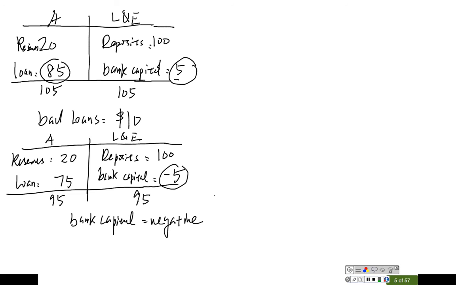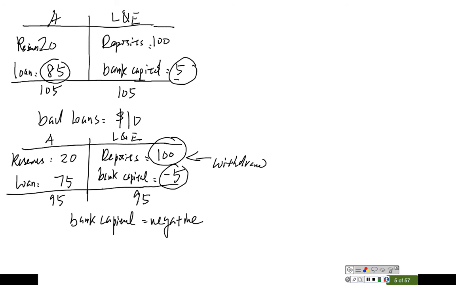Some of you may ask why the bank will fail when the bank capital value falls below zero. Let's assume all the people now come to withdraw the $100. Suppose the bank liquidates all the assets.